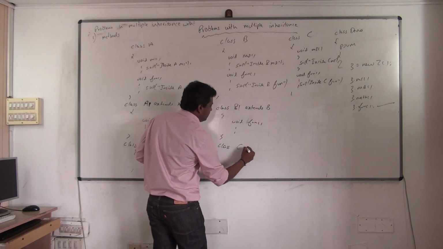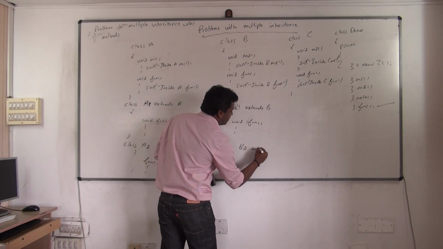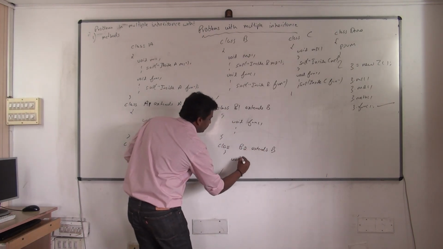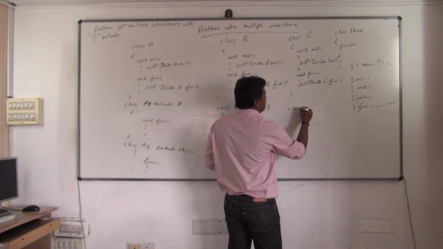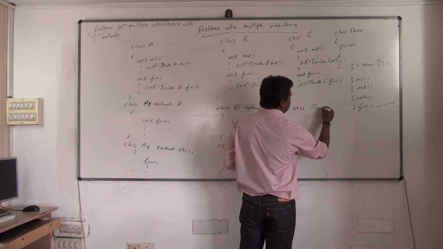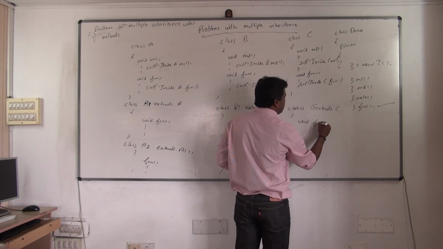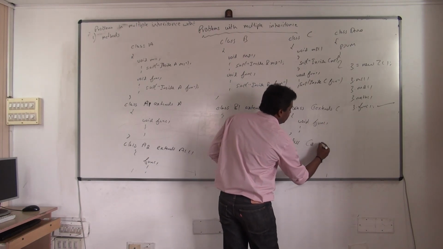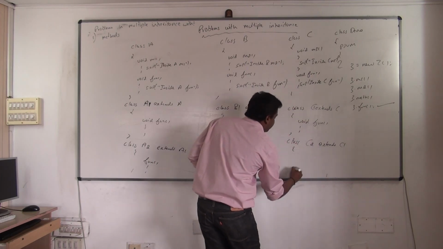Class B2, you can override here also. Same way, class C1 extends C. You will override here also. Class C2 extends C1. You will override here also.